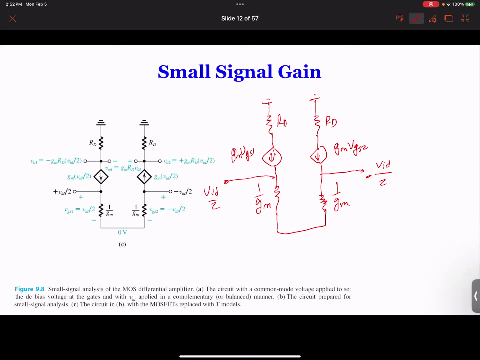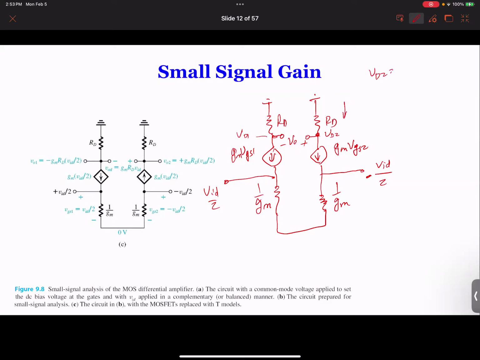So you can see here, when we calculate VO, we can easily calculate this current, because the current is given, so we can calculate VD2 and VD1. We can calculate VD2 easily because the current is flowing this way, right?